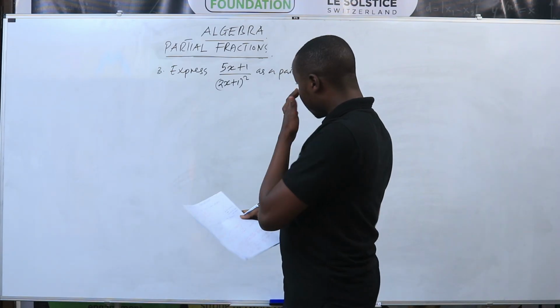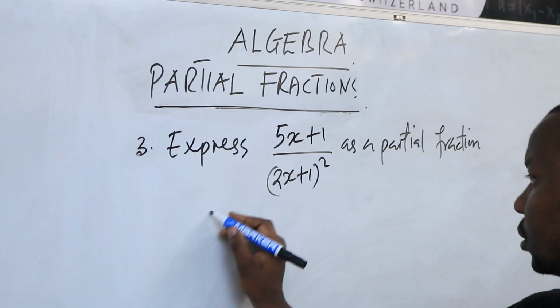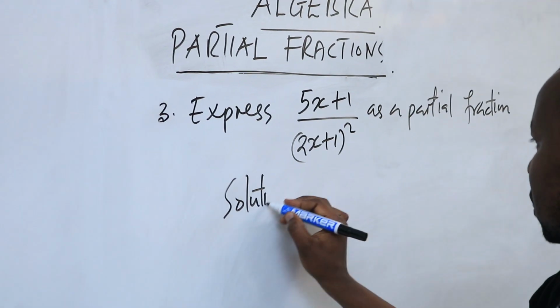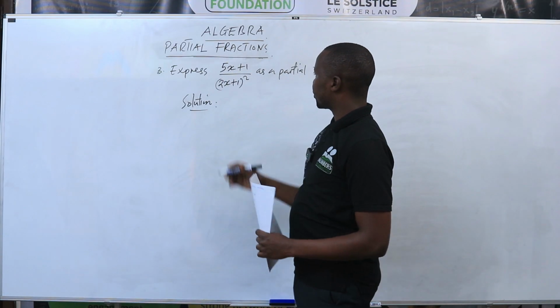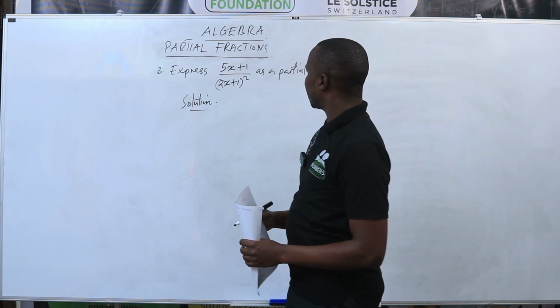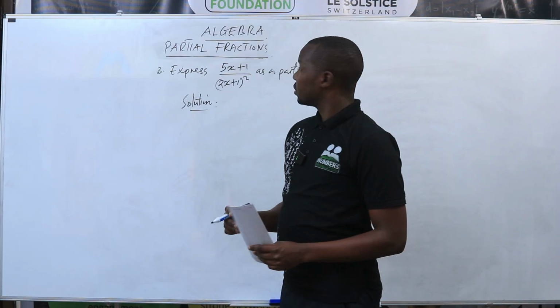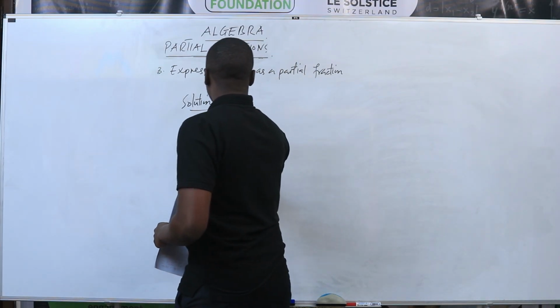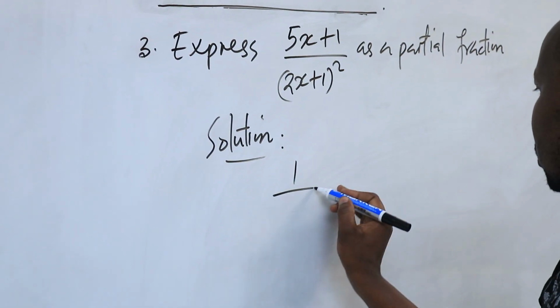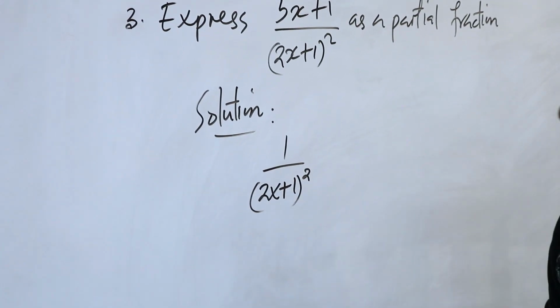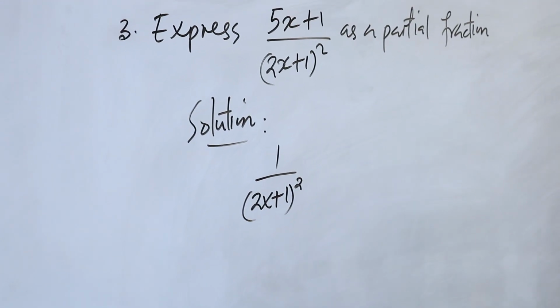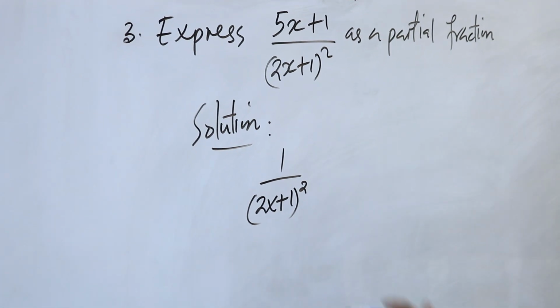So here now, solution. We have noted that our denominator expression has a linear factor repeated twice. So this 2x + 1 that has repeated twice, how do we express it in partial fractions?